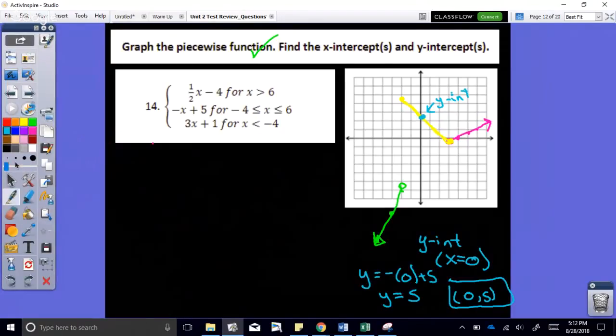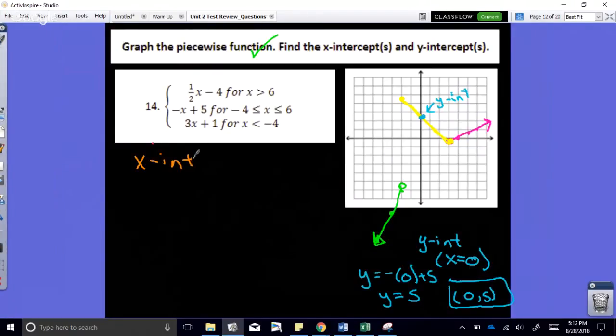So to find the x-intercepts, you let y equal 0. And unfortunately for us, we have 3 different equations. So looking at the graph, we can see that this bottom graph is not going to cross the x-axis. However, if you couldn't tell that, or you didn't have to graph it, then I'm going to start at the bottom. We have 0 equals 3x plus 1.